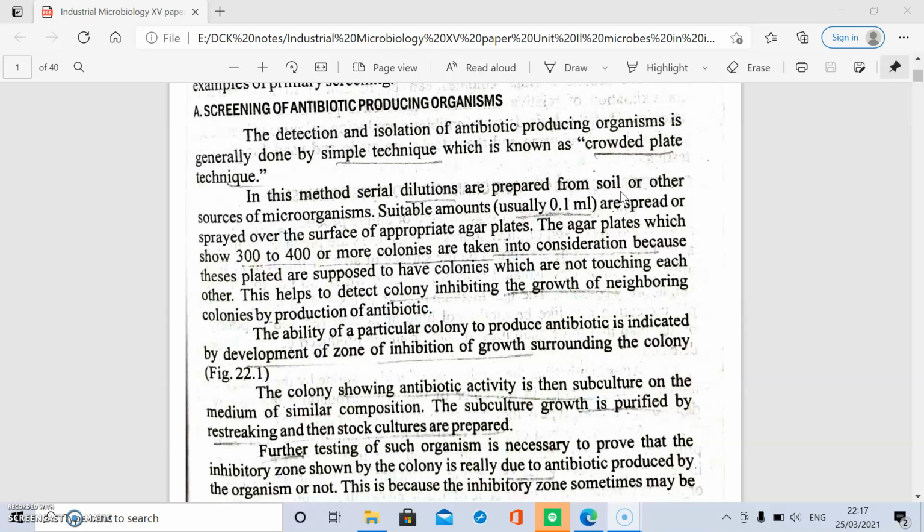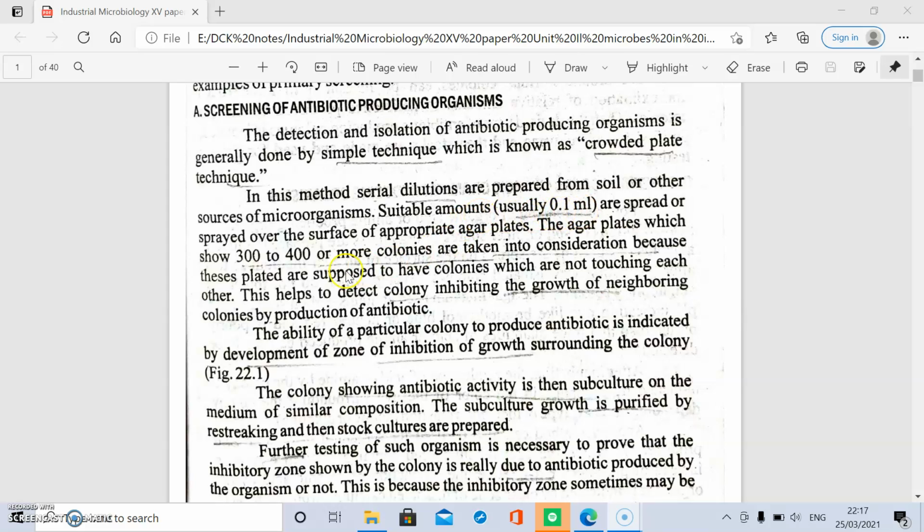From this, 1 ml is transferred to 9 ml sterile distilled water, giving a 1:100 dilution, and from this, 1 ml again is transferred to 9 ml sterile distilled water, giving a 1:1000 dilution.